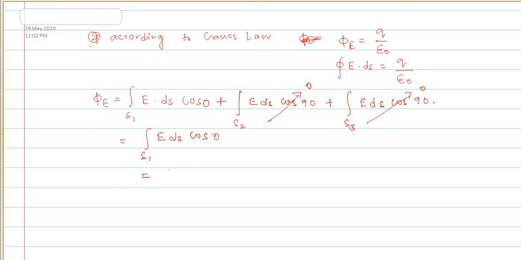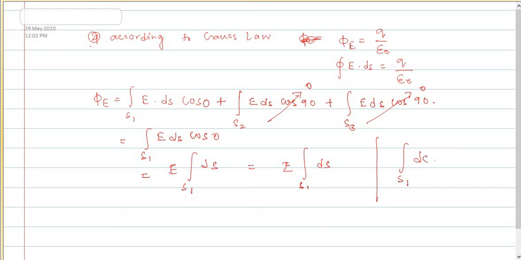So cos 0 is 1 and E is constant on the symmetrical surface, so E is taken out: E integral over S1 of dS. Now what is this term? Integral over surface 1 of dS, this is the total area of S1. Is it not?